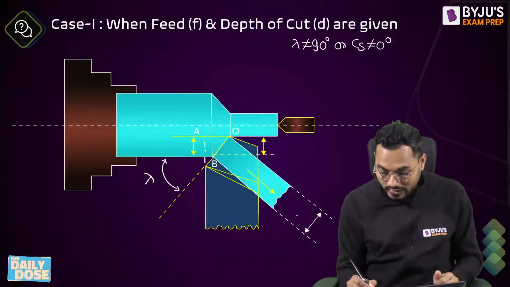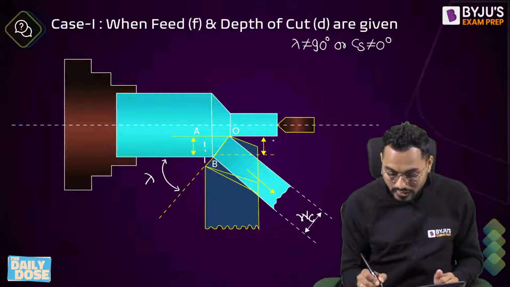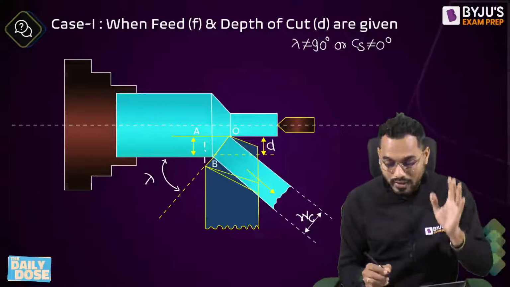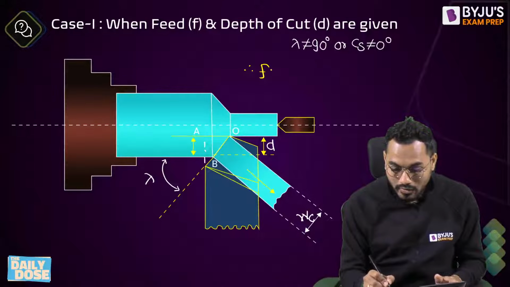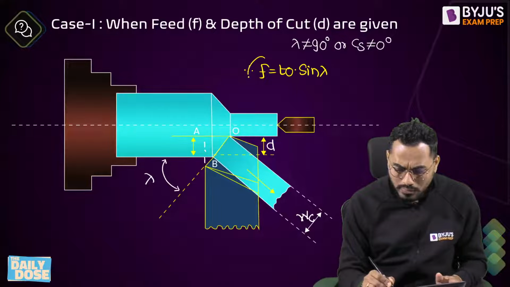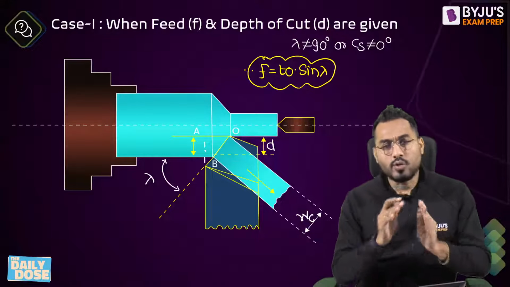In that case, the width of the chip is equal to depth of cut, and the formula is already developed: my feed is uncut chip thickness T0 into sin lambda. Most of the time it has been observed that students don't follow this.